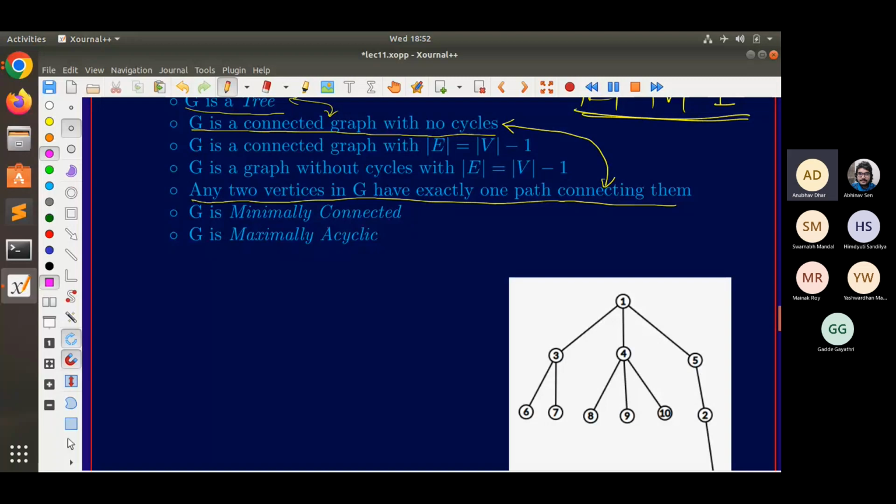Okay, now moving on to the next statement. G is minimally connected. Well, what does minimally connected mean in the first place? Minimally connected means that if we remove any edge, it becomes disconnected.